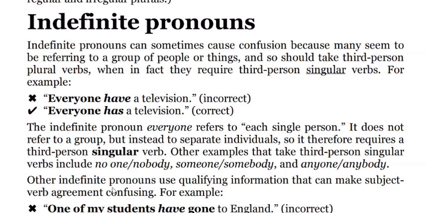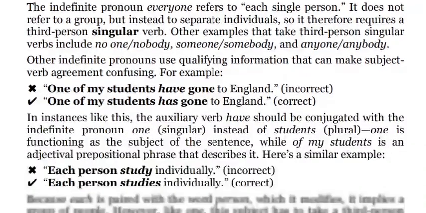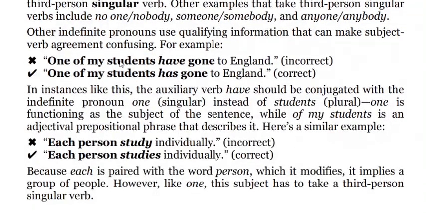Other indefinite pronouns use qualifying information that can make subject-verb agreement confusing. For example, one of my students have gone to England. Incorrect. One of my students has gone to England is correct. Why? Because we are not talking about the students. We are talking about one person.